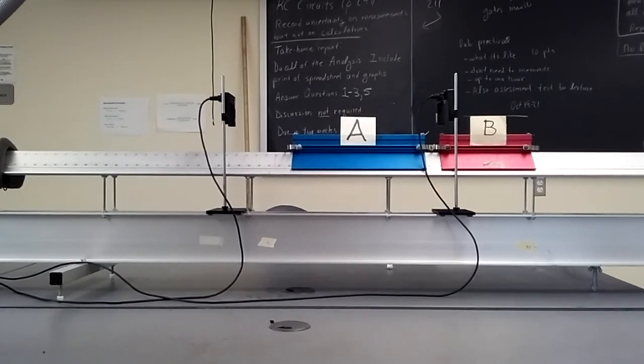That quantity would be 0 in an ideal world, because momentum's supposed to be conserved. In your case, unless you're really lucky and really good, it'll probably be something other than 0, but hopefully not too big. We usually make an arbitrary cutoff of 15%. We'd like you to try to get less than 15% on those.